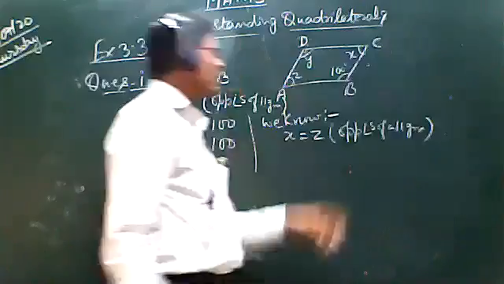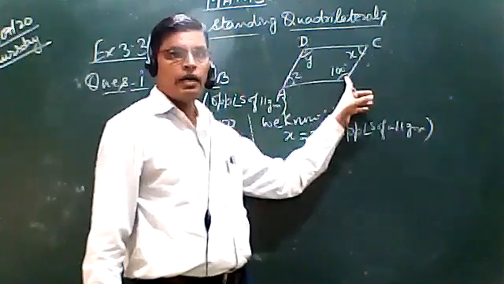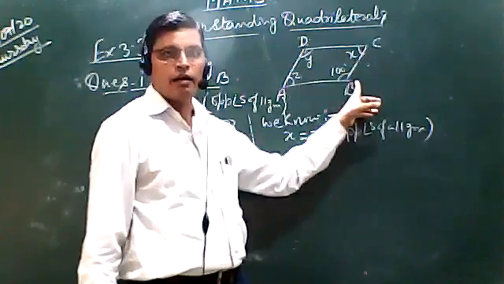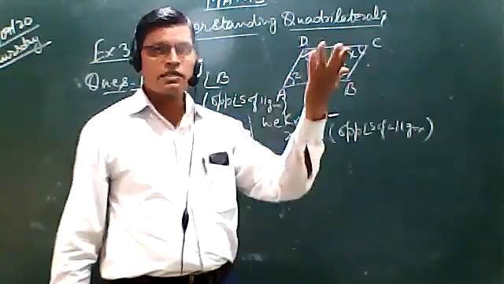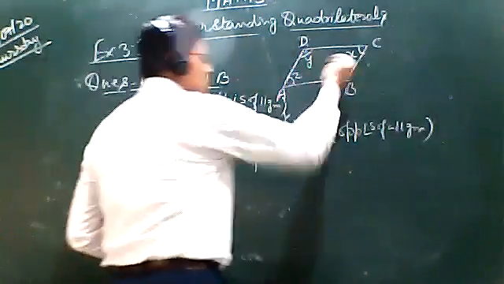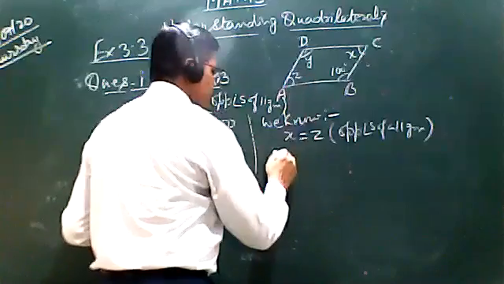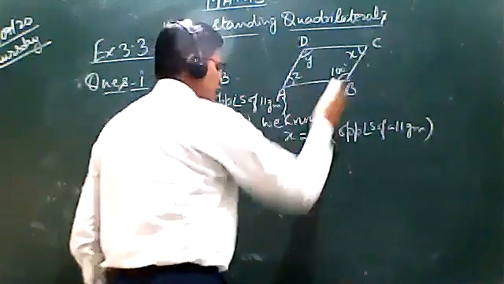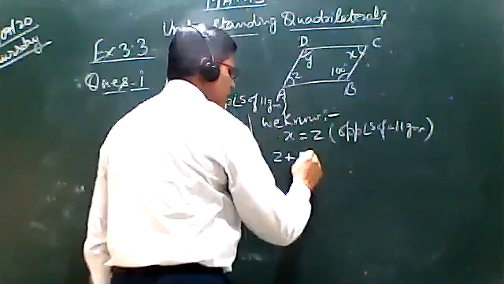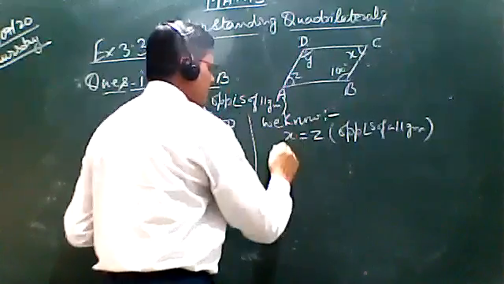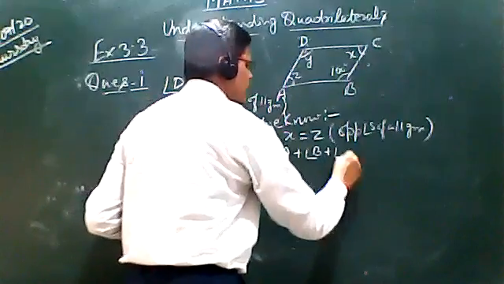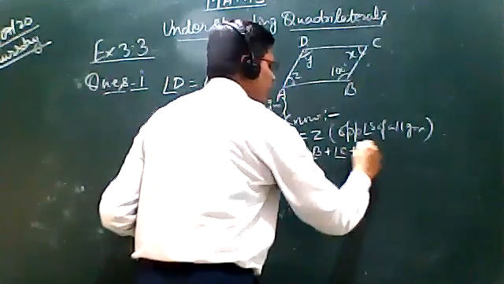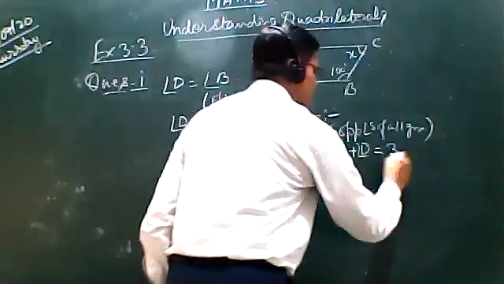We know the sum of the interior angles of a quadrilateral always comes 360 degree. Parallelogram is also a quadrilateral. Here we write angle A plus angle B plus angle C plus angle D is equal to 360 degree.